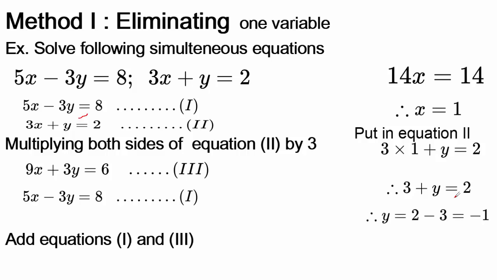That's why y equals 2 minus 3. We transfer 3 to the right hand side. 2 minus 3 is equal to minus 1. Thus we get x equals 1 and y equals minus 1, and hence the solution of the system is (x, y) equals (1, -1). This is the solution of the system.